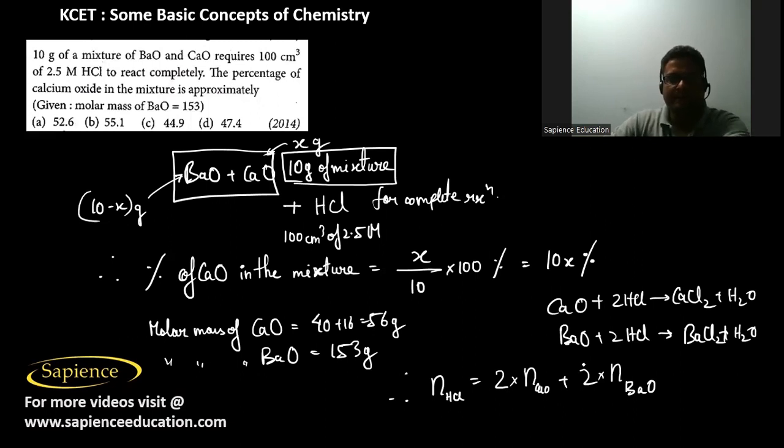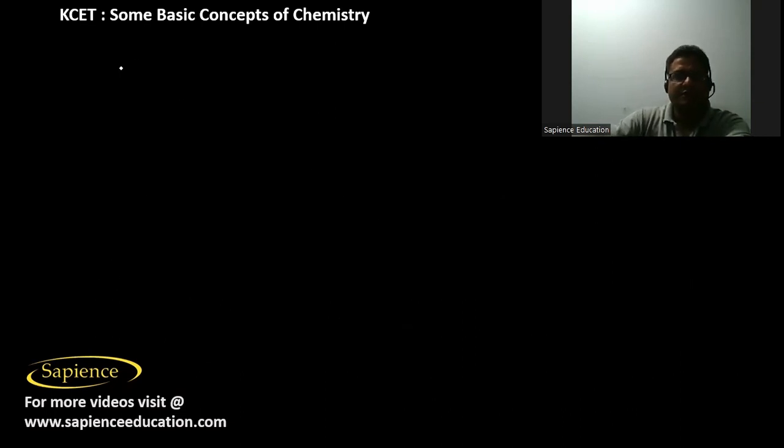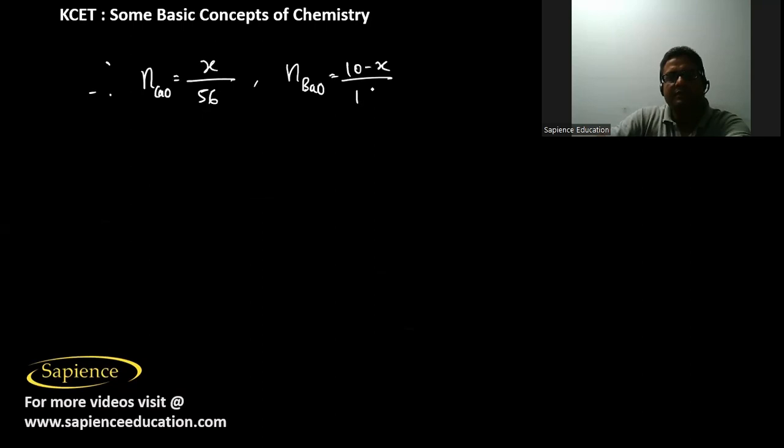Now x gram of calcium oxide we are having, and 10 minus x gram of barium oxide we are having in the mixture. Therefore, the number of moles of calcium oxide will be equal to x by 56, and the number of moles of barium oxide will be equal to 10 minus x by 153.